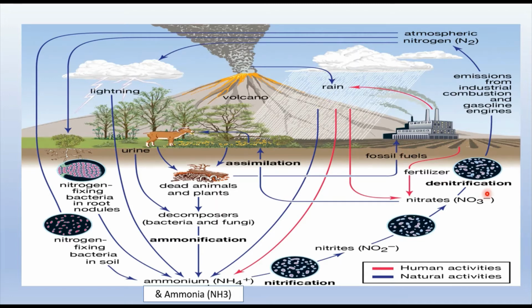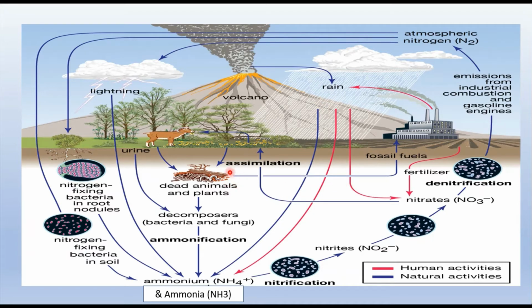And even certain bacteria are involved in denitrifying these nitrates and releasing atmospheric nitrogen. That process is called denitrification. So altogether we are going to have the 5 steps in the nitrogen cycle.